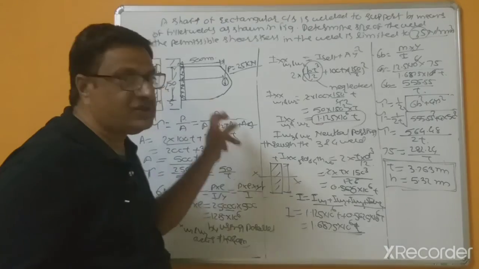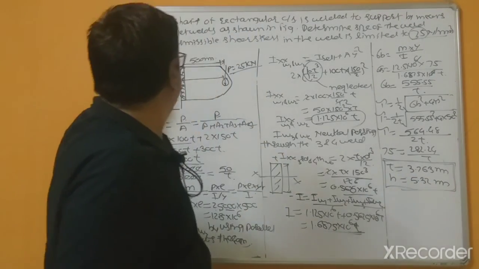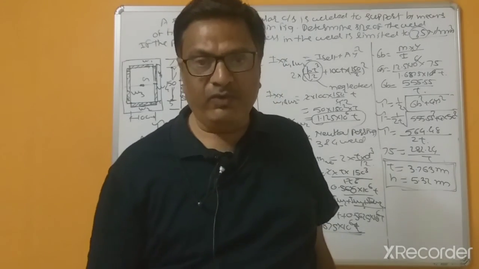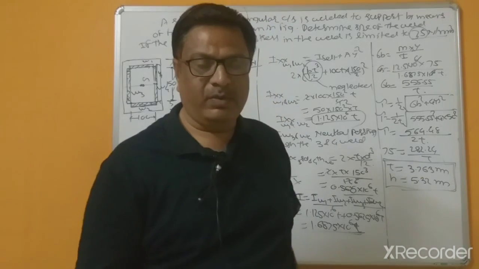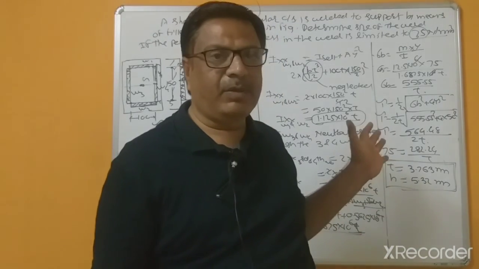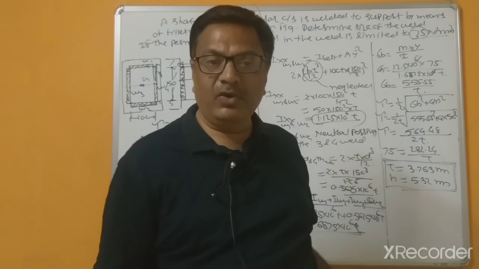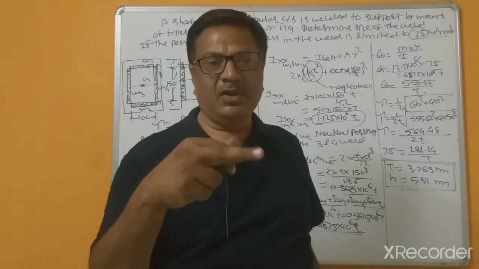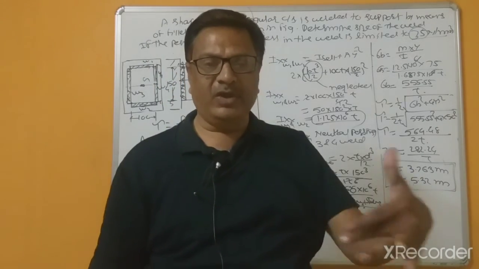When the section is circular, for example brackets, where the weld becomes a ring, how you can calculate the thickness of the weld, we will see in the next class: the design of welded joints when the load is a bending moment but the cross section of the bracket is circular. What is the procedure, we will see in the next class.